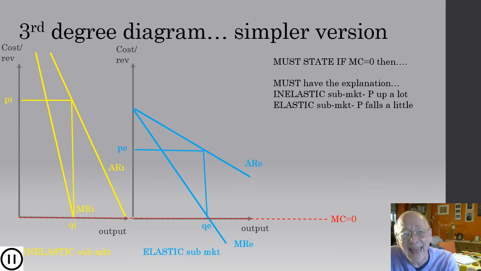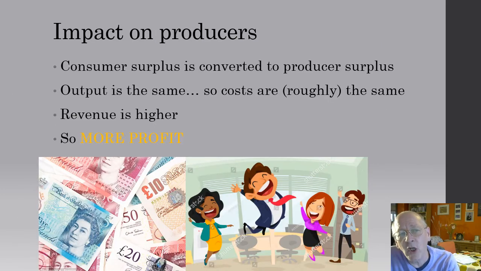Whereas in the elastic submarket, you can get that demand by dropping the price by not a lot. So again, you're still saying the price goes up by a lot in the inelastic submarket, and it doesn't fall by much in the elastic submarket. Again, if you didn't pause before, you might want to pause now, because I've just given you a different version of the diagram.